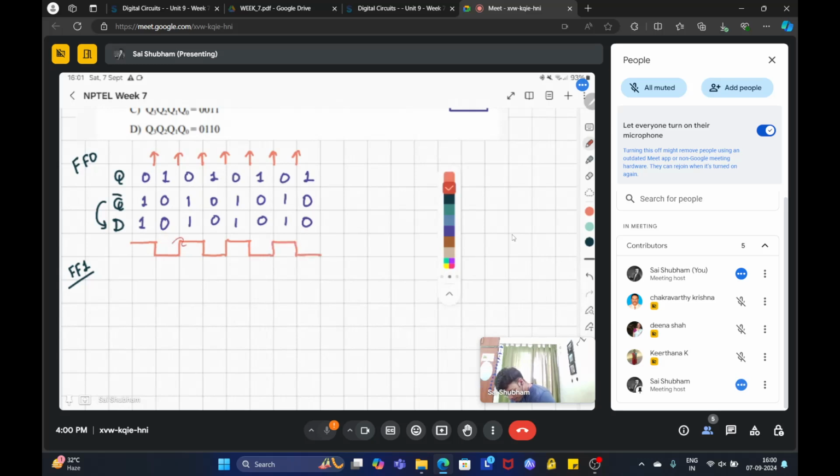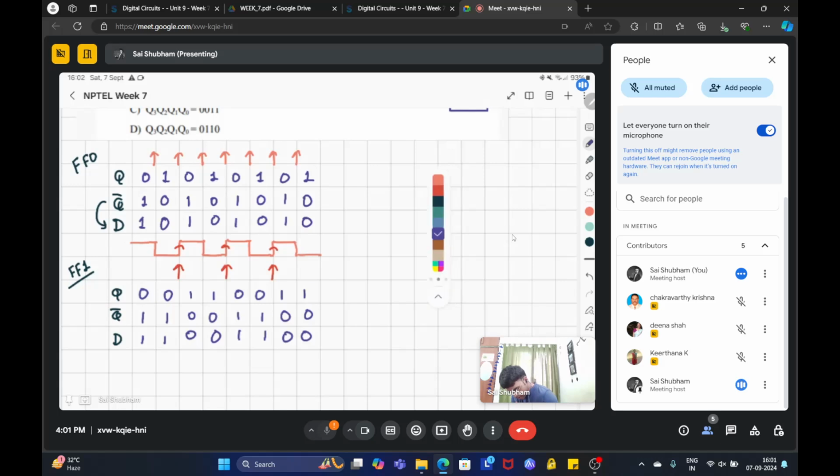So these are the edges. So your edge lies here, positive edge. Now let's look again at Q bar, D. So in this case, this is 0, 1, 1, 0, 1, 1, 1, 1, 0, 0, 1, 1. Fine. So there is a pattern.